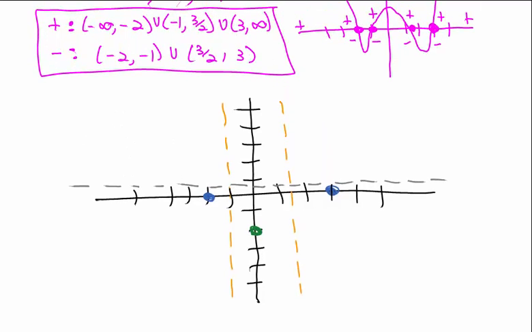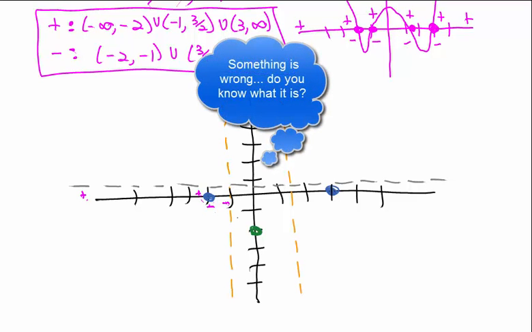And then the signs of our graph, we're going to be positive from -infinity to -2. And it makes sense when we go through the x-axis, we'll be negative from -2 to -1. Then from -1 to 3/2, we're supposed to be positive.